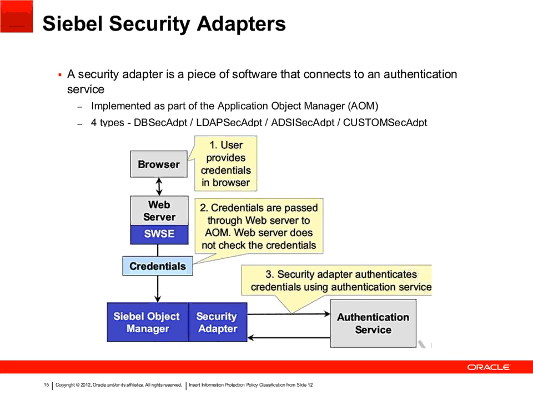As the figure depicts, let's take an authentication flow. Once the user enters the credentials in a browser, the credentials will be passed through the web server and then to the Siebel Application Object Manager. Application Object Manager will invoke the security adapters to connect to the authentication service.